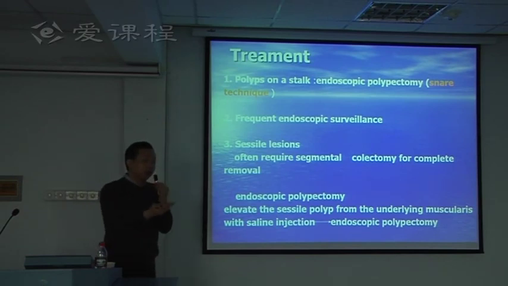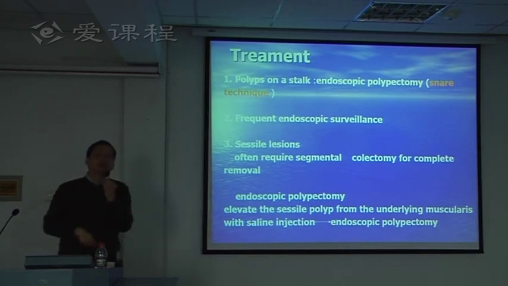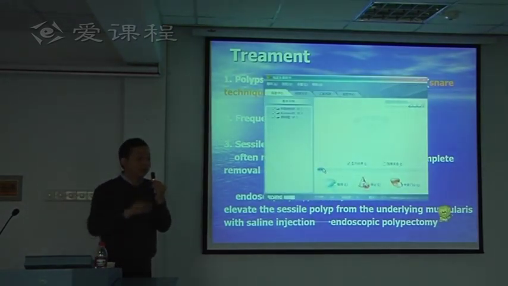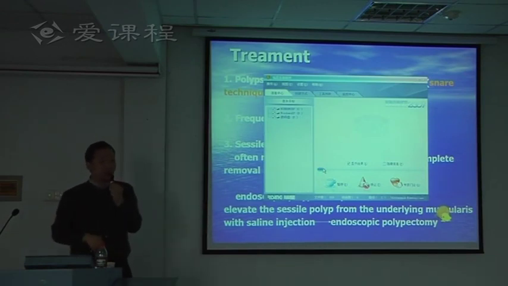If you do the snare technique, because the wall is very thin, maybe only 3 millimeters in thickness, it's easy to cause perforation. Then the patient has to go to emergency operation.